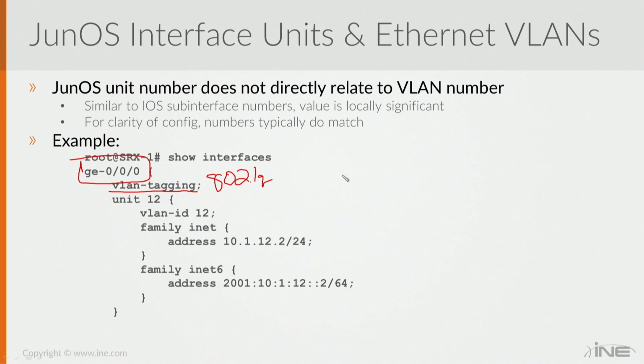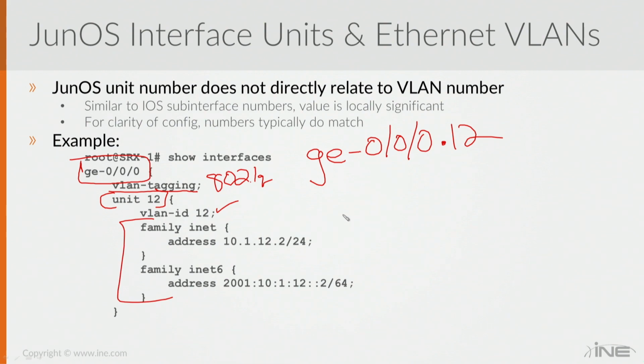So now the interface is listening for tagged packets, and it says I have a subunit number 12, which is basically a subinterface, where this would then be denoted as ge-0/0/0.12. And on that subinterface, or unit 12, we have VLAN ID 12, and then we have our other logical configs. In this case, we have an IPv4 address, and we have an IPv6 address.